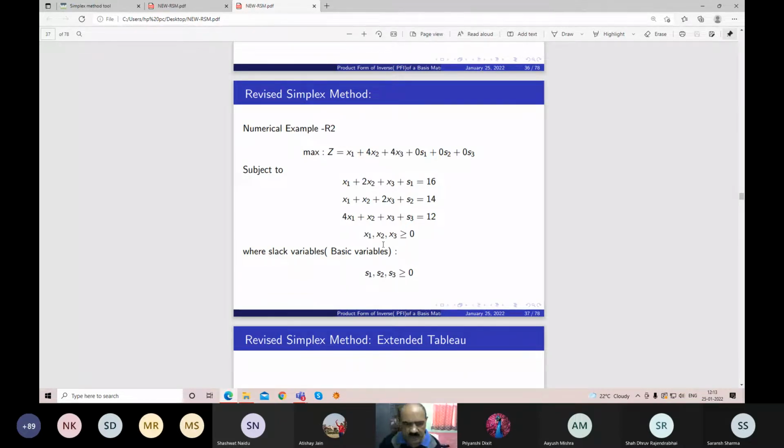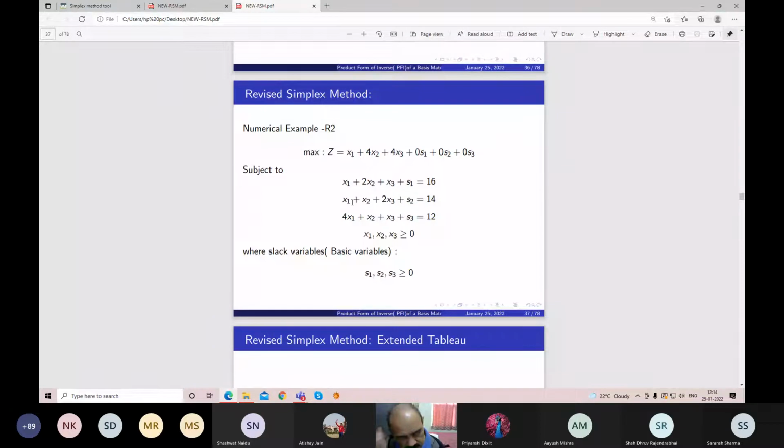Initially, you see here x1, x2, x3 are the actual variables, and s1, s2, s3 are the three slack variables. If I am setting x1, x2, x3 all to 0, we have three basic variables with values s1 equal to 16, s2 equal to 14, s3 equal to 12.